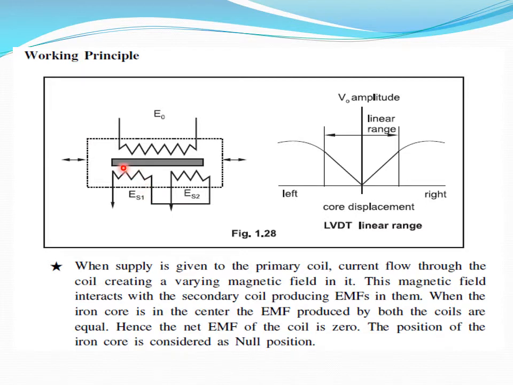Then, if this iron core is moving in either direction, an EMF is produced in both the coils, and EMF difference will occur in secondary coils ES1 and ES2.